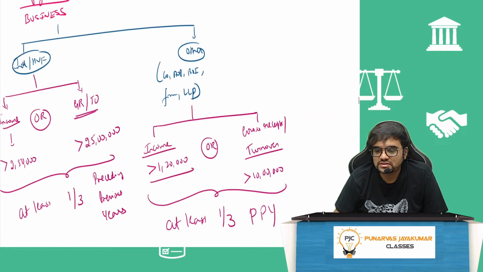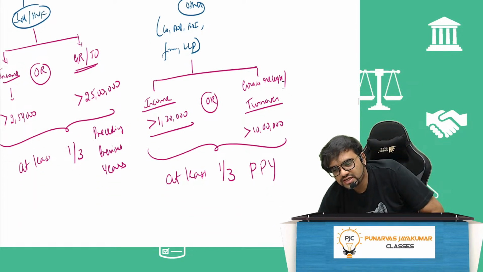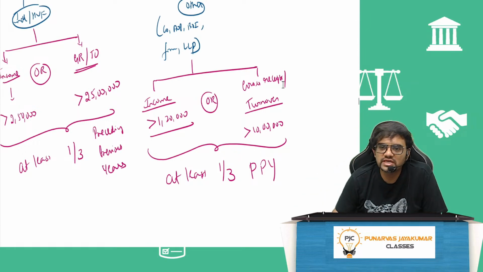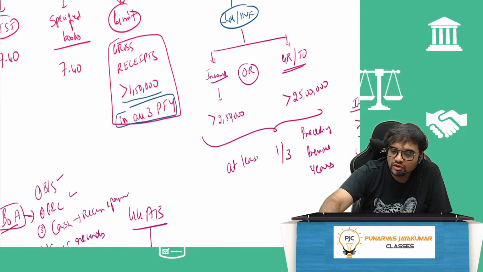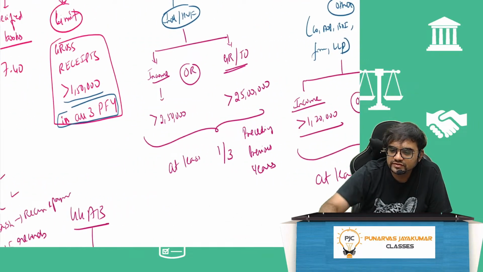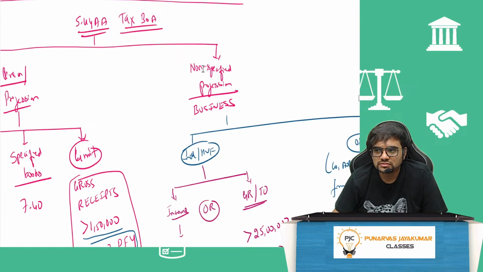Other cases: company, AOP, BOI, firm, LLP: income more than 1,20,000 rupees or gross receipts or turnover more than 10 lakh rupees in at least 1 out of 3 preceding previous years. These amounts you have to remember. Here it is all 3 previous years. Here it is 1 out of 3 preceding previous years. You have to maintain the accounts.